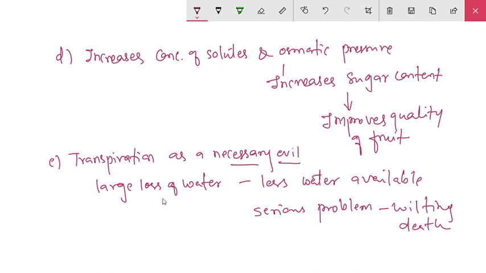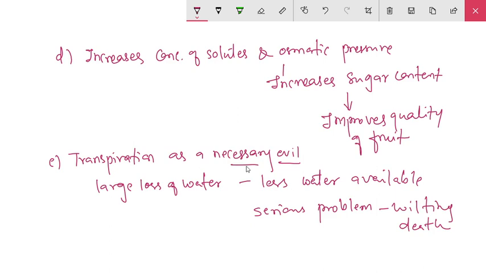But if there is no transpiration, there is no absorption or circulation of water and minerals, no distribution of water and minerals, no regulation of temperature, and no increase in concentration. All these factors would cause problems, and ultimately the life of the plant would be in trouble. So it is an evil, but transpiration is also necessary.